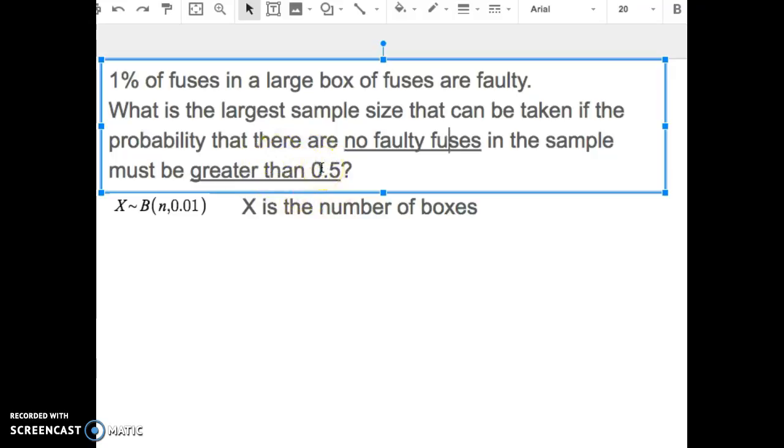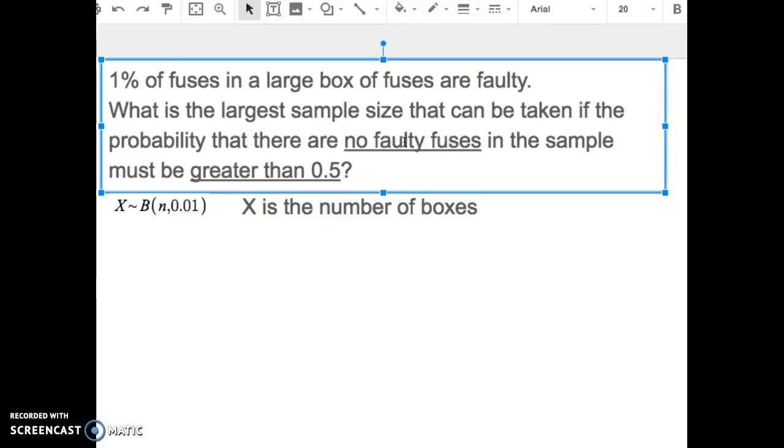You can think of this as: the more we check, the higher the probability that we have no faulty fuse, or the less we check, the higher the probability? That's what the question is trying to imply.